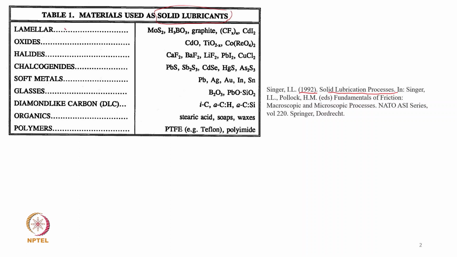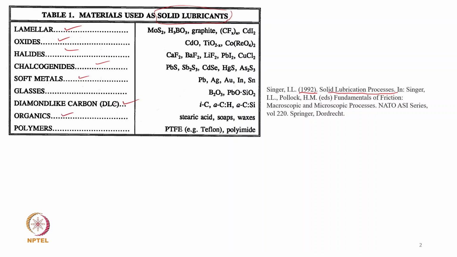It can be lamellar solids like MoS2, graphene, which are very well known. Oxides also can work. Halides, chalcogenides, soft metals, which we have been utilizing for centuries. Then there is a new one, DLC, the diamond like carbon coating, which will be covered maybe in the next to next lecture, lecture 14.